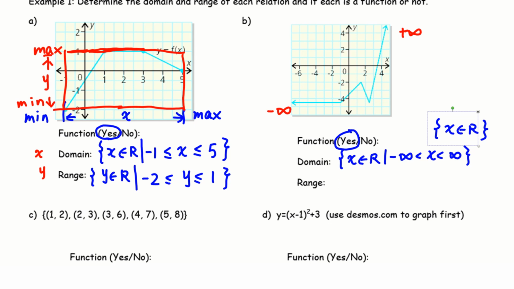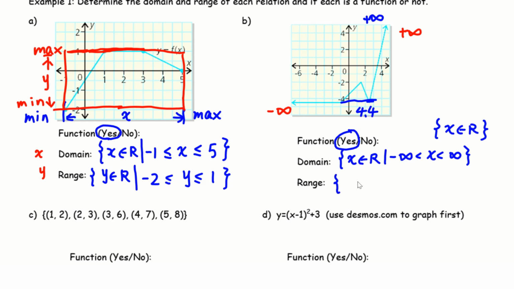And for the range, we want to find the minimum, the lowest point. It will be around 4, or around this one is 4 point something. So it's kind of like 4.4. And for the highest point, it keeps going, so it's positive infinity.